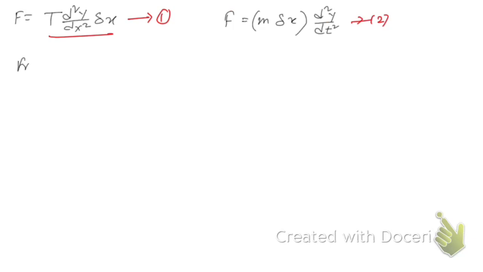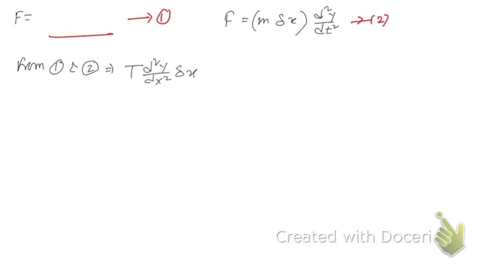So from equation number 1 and equation number 2, what we get: the right hand side of equation number 1, and the right hand side of equation number 2, that is m delta x times the second order derivative of y with respect to time t. That's what we get. Hope you have understood this.